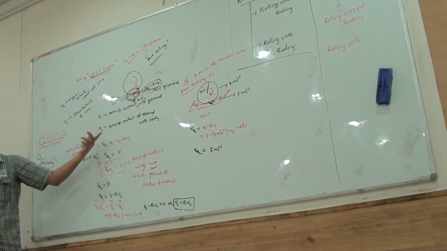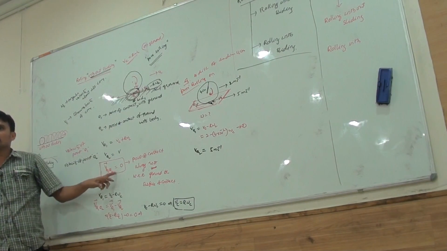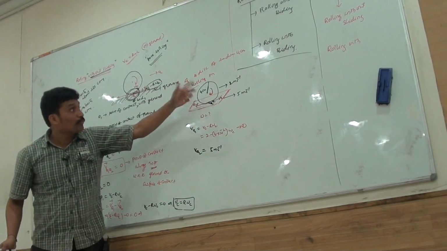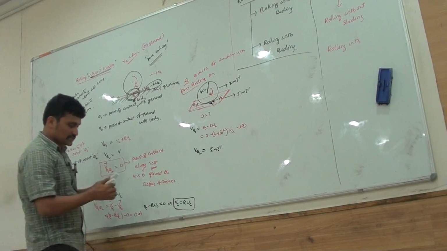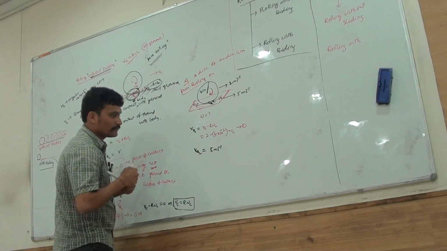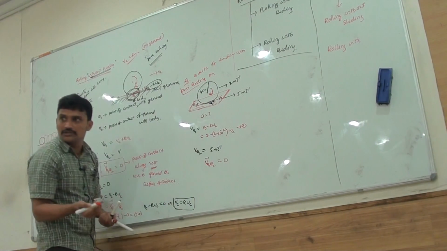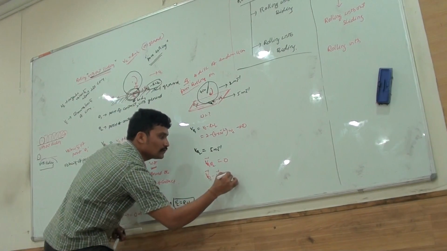Now, what is pure rolling? The relative velocity with respect to each other is always equal to 0. That means for two points, one on the body and one on the surface, the relative velocity is 0. So for pure rolling, the velocity of Q1 with respect to Q2 equals 0. That means VQ1 minus VQ2 equals 0, as both are the same.